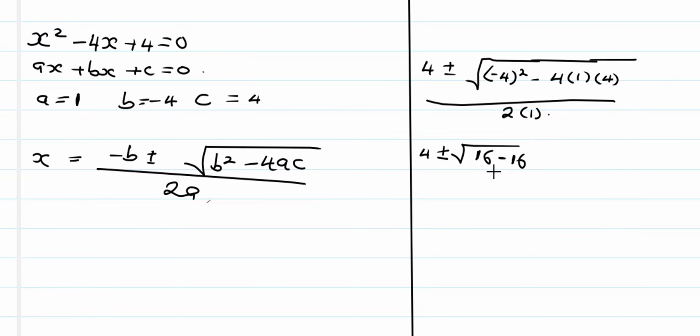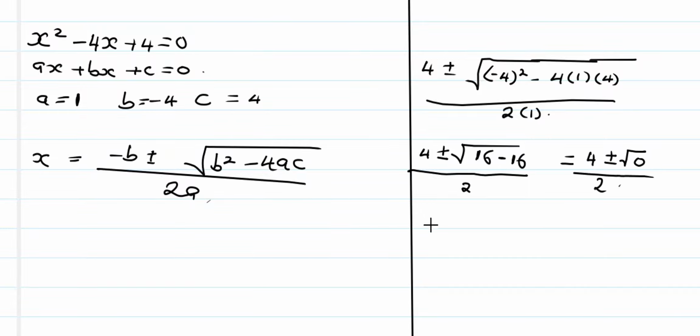So minus 16, then the whole of this divided by 2, which now becomes 4 plus or minus the square root of 16 minus 16, and 16 minus 16 is 0. So it is the square root of 0, then divided by 2.